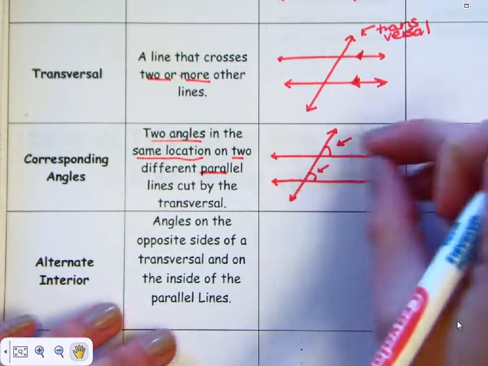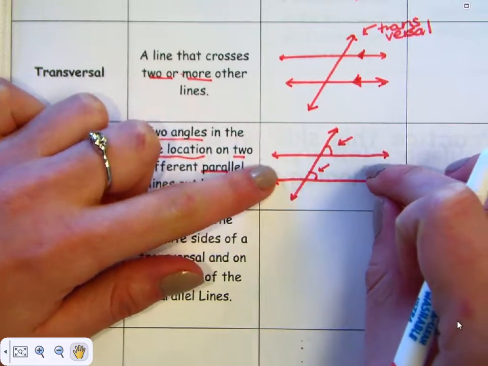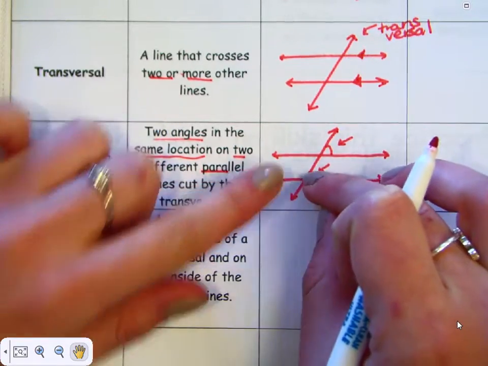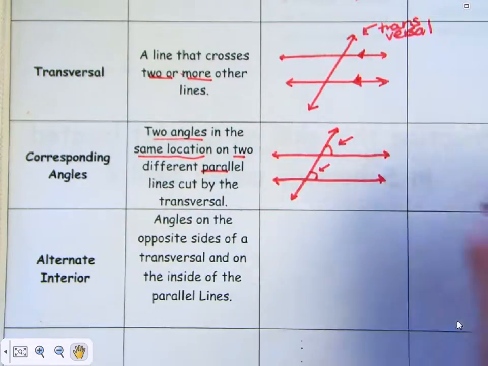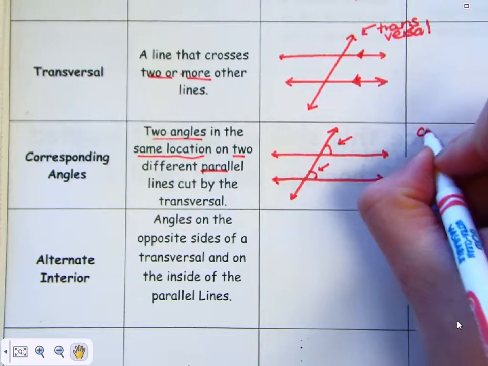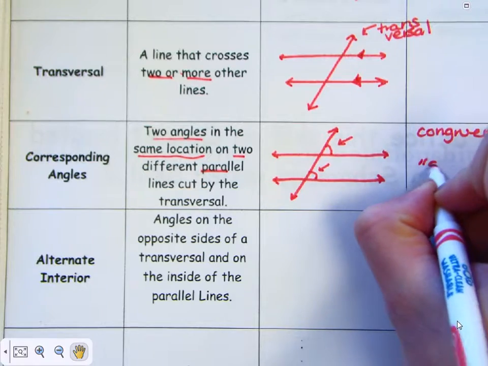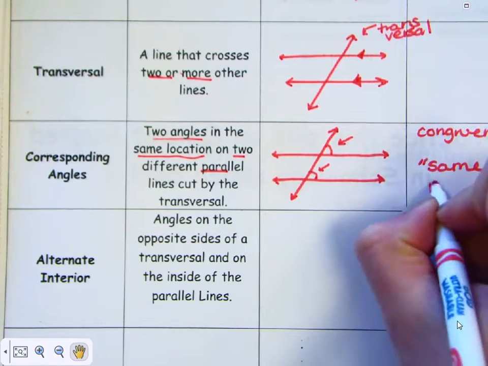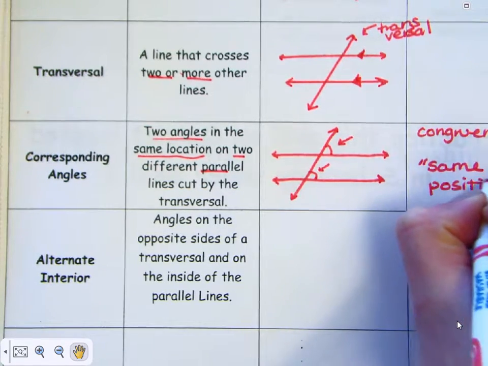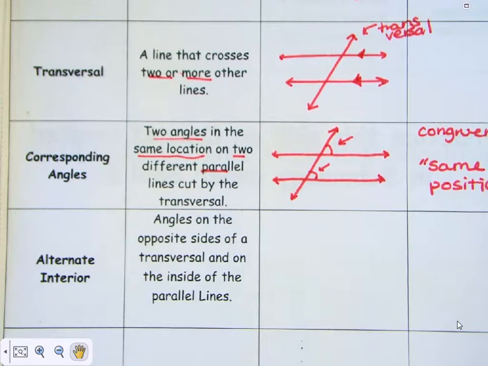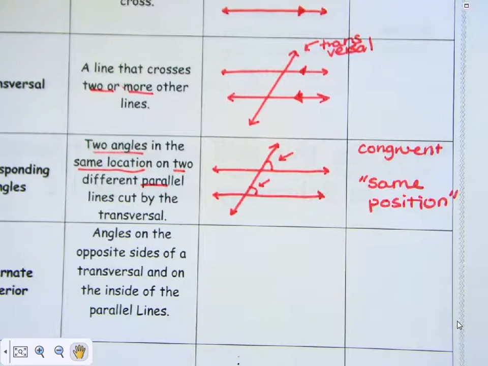If I slid this line down, this angle would land on top of this angle. So those angles are congruent, and these are in the same position. You might hear me say that a lot throughout this unit: congruent or the same position.